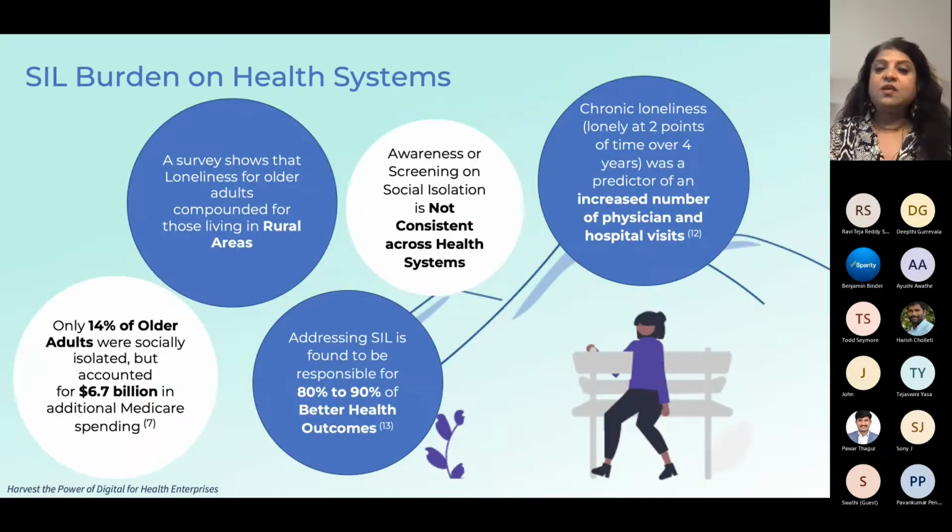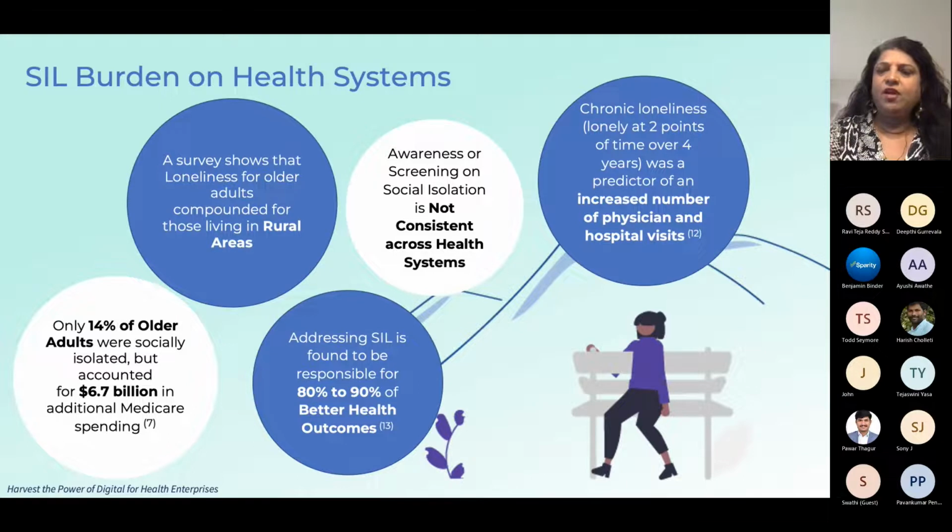Okay, so this is the burden on the health system. One very outstanding data point is the bottom one to the left. If you notice, 14% of older adults were socially isolated, but they accounted for 6.7 billion US dollars in additional Medicare spending.